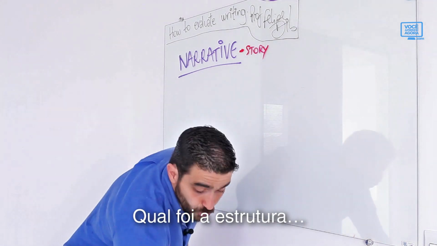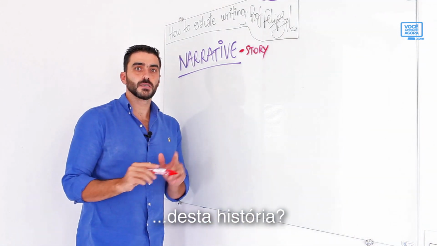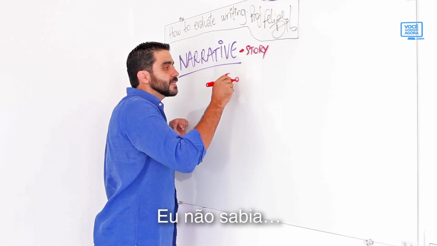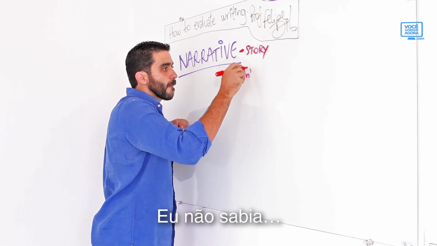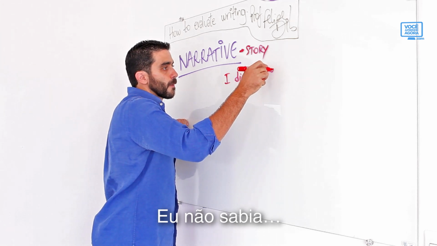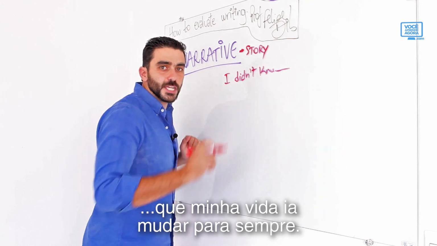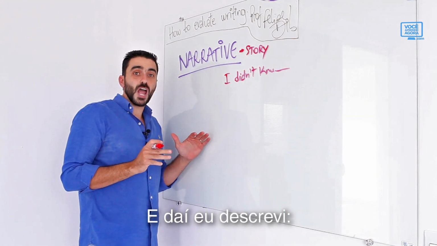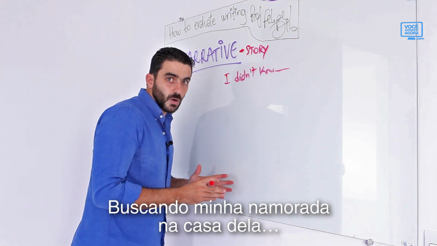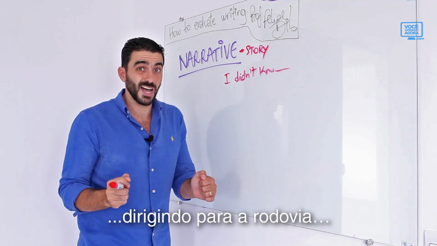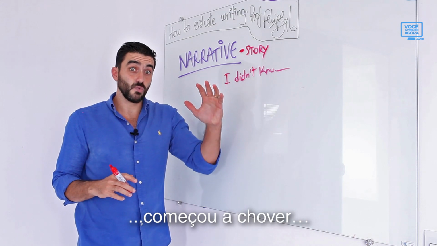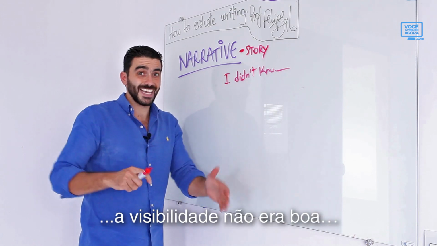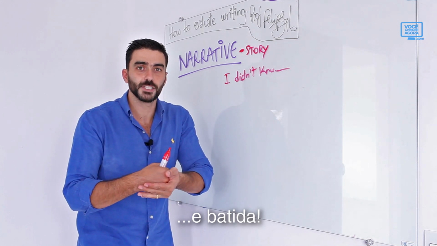What was the structure of this story? I didn't know my life was going to change forever. This was the start. And then I describe picking up my girlfriend at her home and driving to the highway. It started to rain, the visibility was not good, and crash.